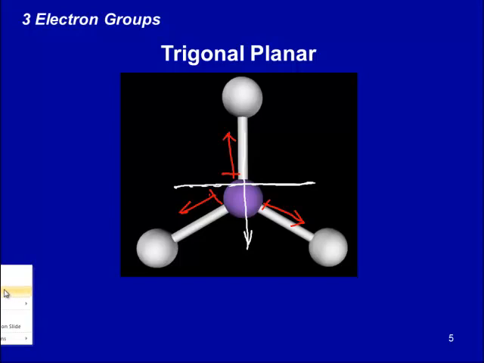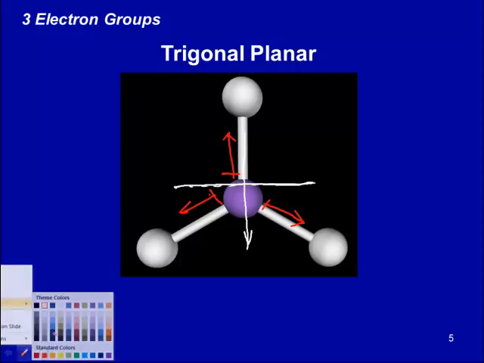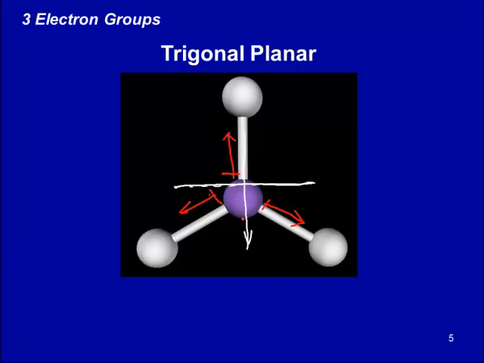I'll change the color. You will have this vector. The components you projected onto the x-axis will cancel each other out because of the same magnitude but opposite to each other.